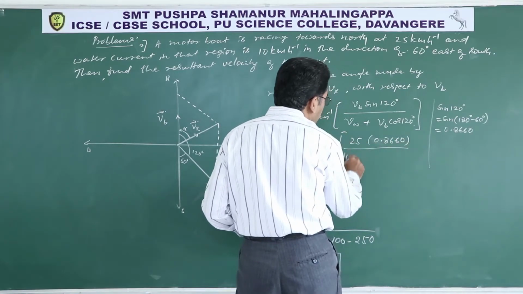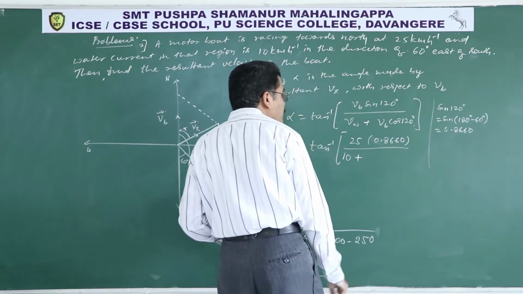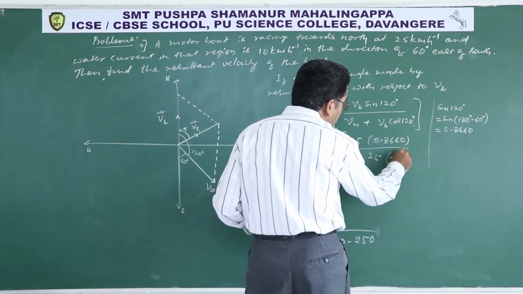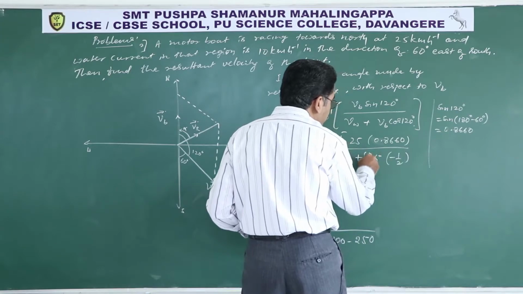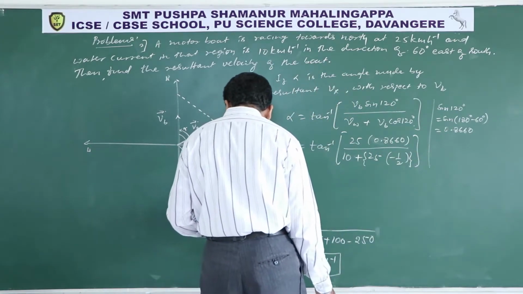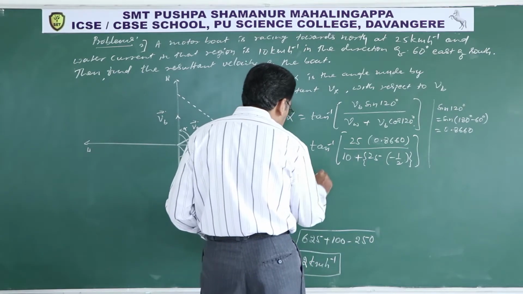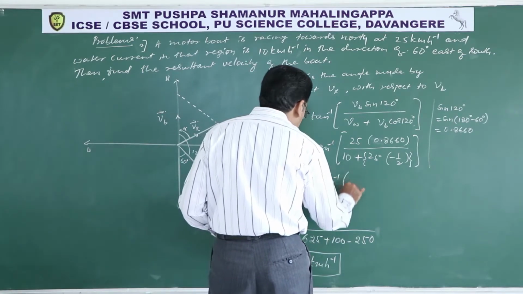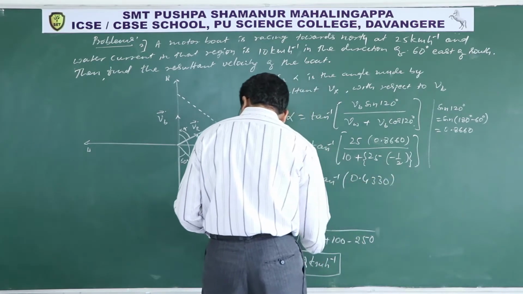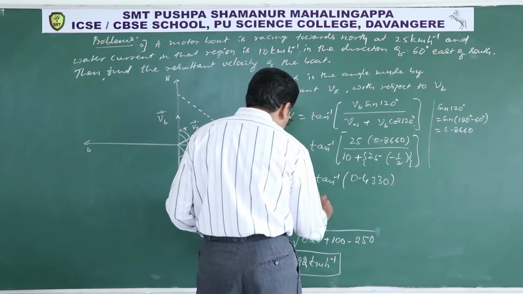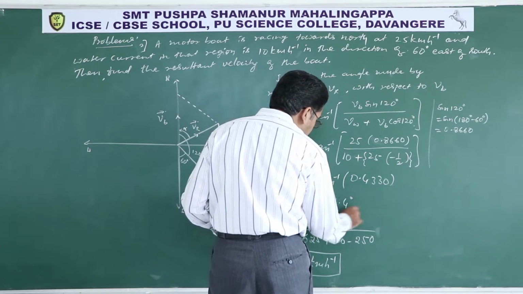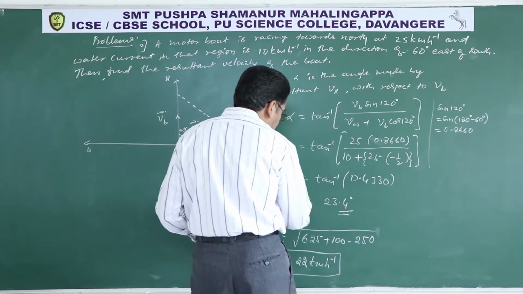VB is 25, cos 120 is minus 1 by 2. On simplification you are going to get tan inverse of 0.4330. Using the trigonometric table, the angle comes out to be 23.4 degree.